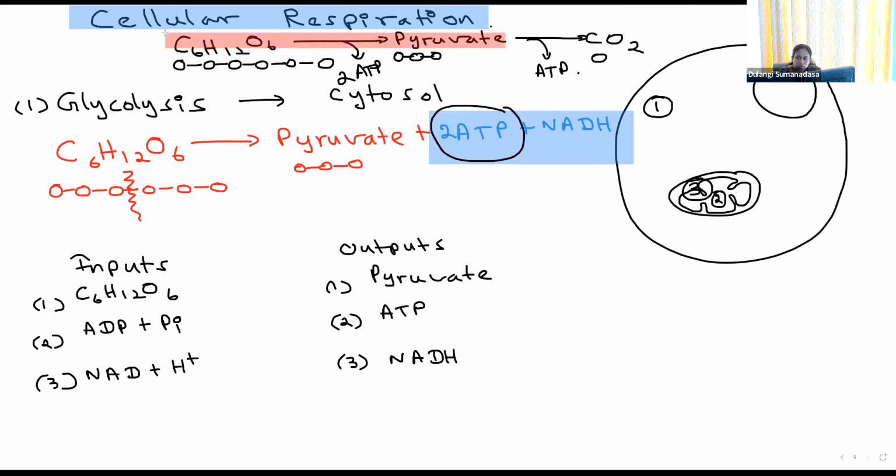So this part is done. Now I'm going to take the pyruvate and break it down further. Right, but each and every stage we are going from big molecule to small, releasing energy in the form of ATPs.